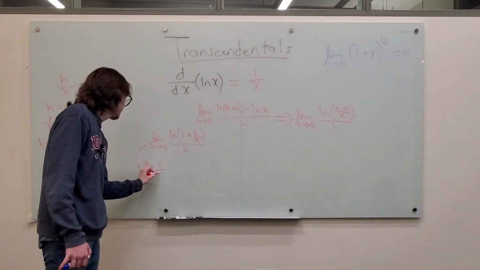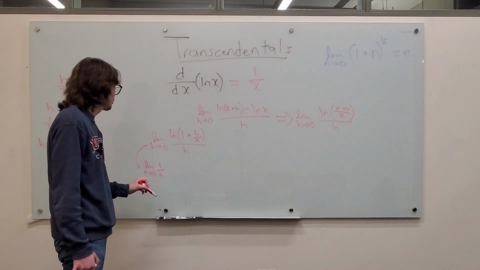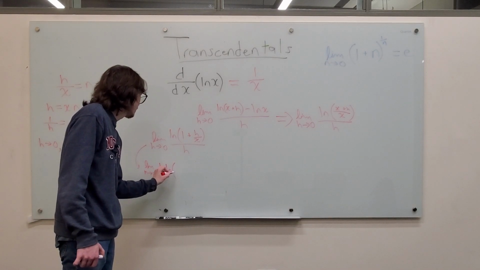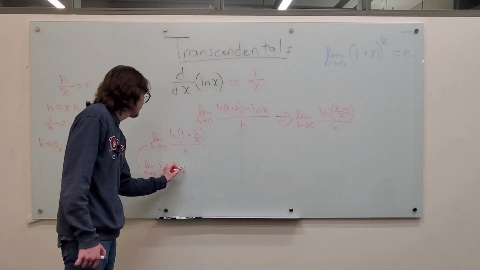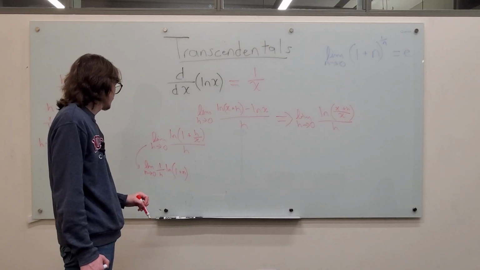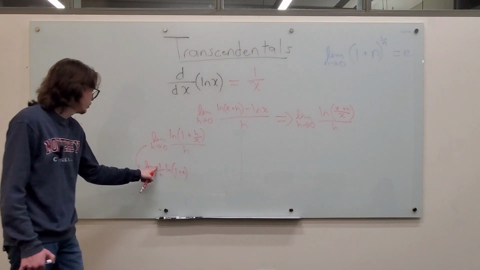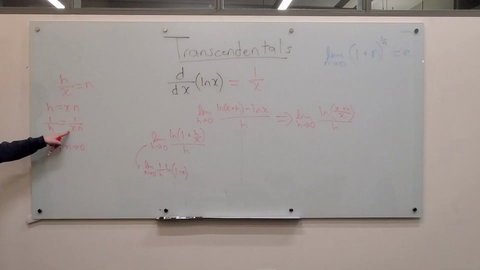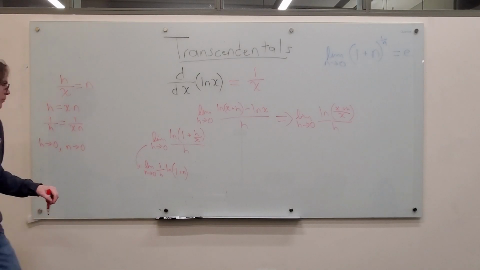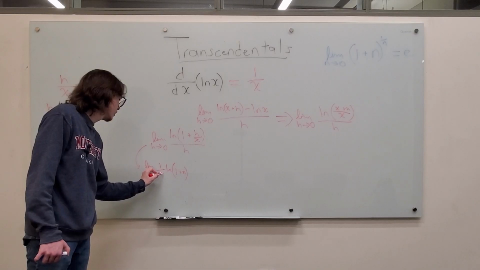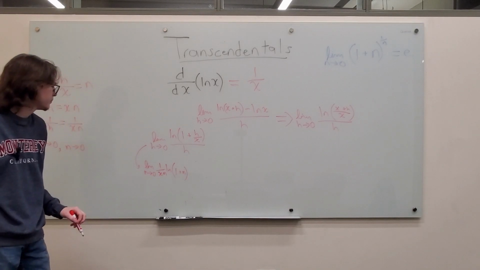And now let's replace these terms. So I'm going to simplify this to be 1 over h times the natural log of 1 plus n, but we know that 1 over h is the same thing as 1 over x times n. So let's replace this with x times n.